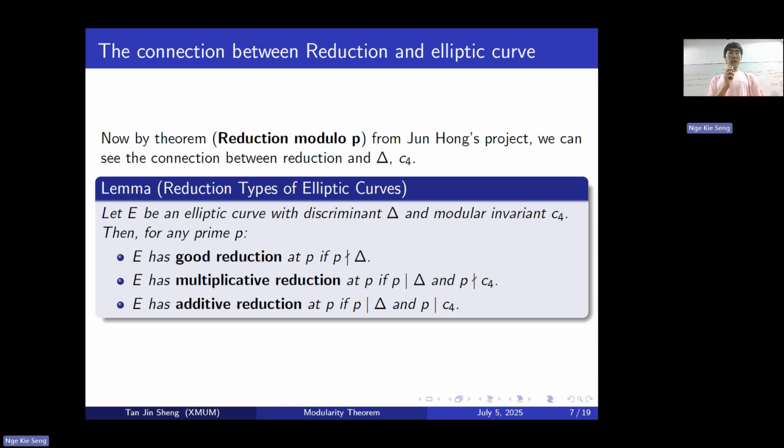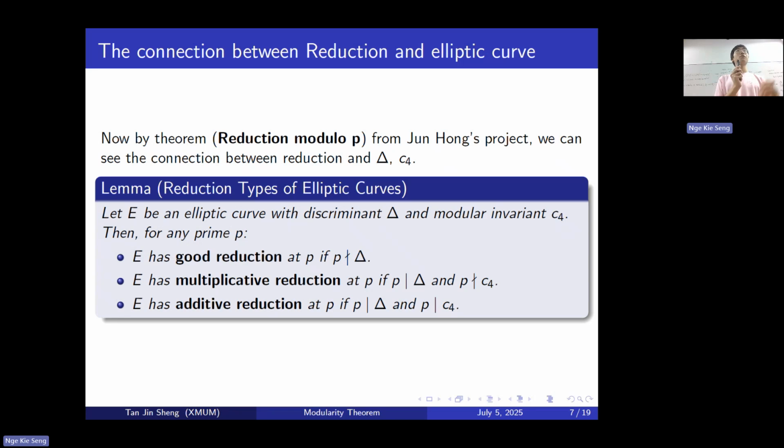If E is an elliptic curve with discriminant and modular invariant C4, then for any prime P, E has a good reduction at P if P does not divide the discriminant, or E has a multiplicative reduction if P divides the discriminant and P does not divide C4. And finally, E has an additive reduction at P if P divides the discriminant and divides C4. That's it.